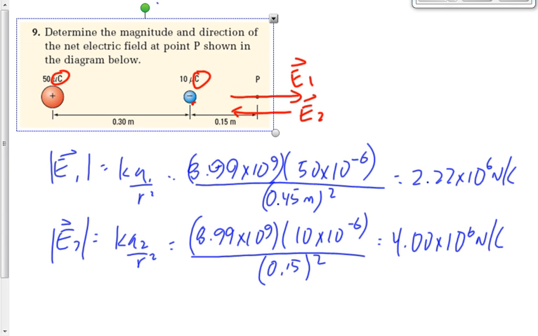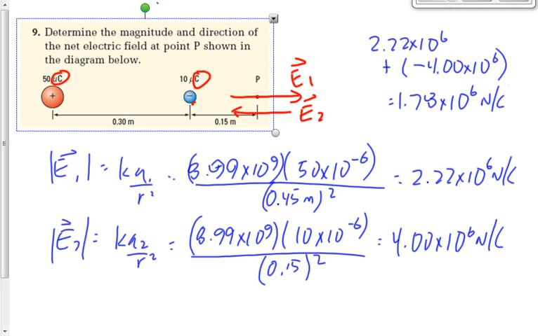We have a diagram which shows the direction. We have the values calculated. We know the direction, we know the values, just add them up. E1 is going to be positive 6 plus E2 is negative 4.00 times 10 to the 6. We add those up, we should get 1.7 times 10 to the 6. It's a positive value.